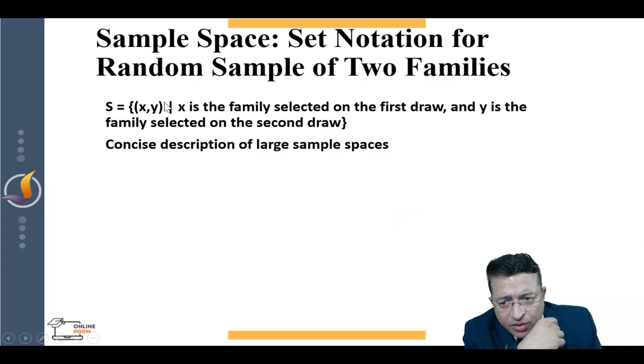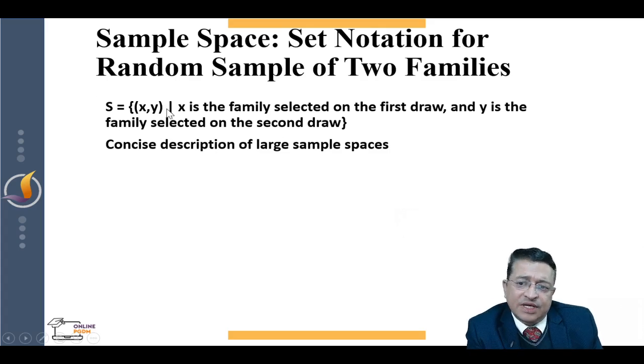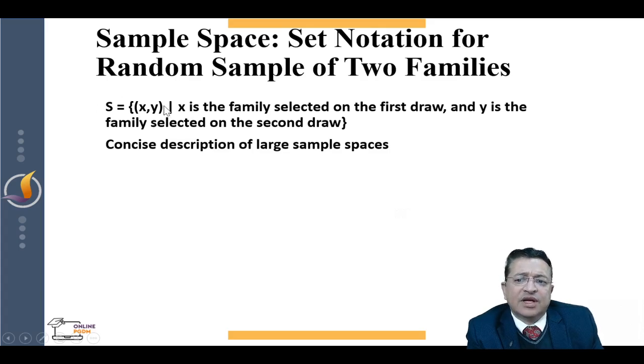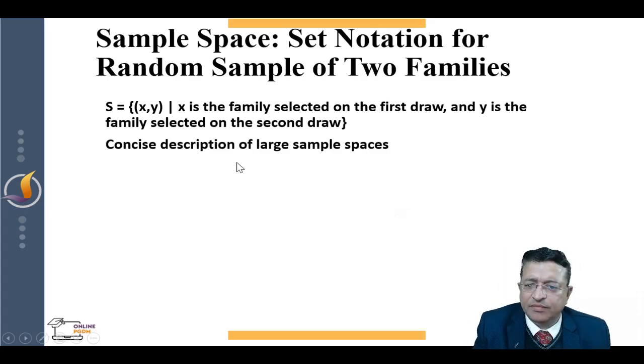This is another notation, like we did in the first case where we mentioned D or C. In general, we need not list all the outcomes, but simply write this and mention what exactly x or y is. So a concise description of a large sample space can be done. This is another form.